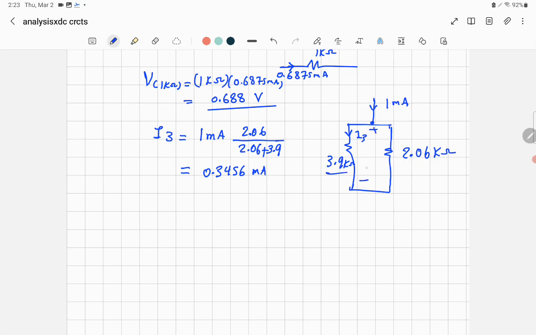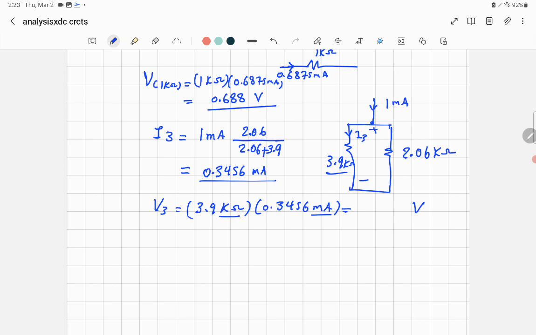I want to find the voltage across any resistance. Choose any one. I will choose this one. So the voltage across R3 is equal to 3.9 kilo ohm multiplied by the current. The current already calculated here is 0.3456 milliamp. Since I'm multiplying milliamp by kilo ohm, I get the answer in volt.